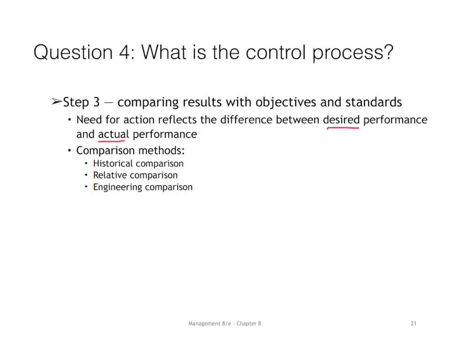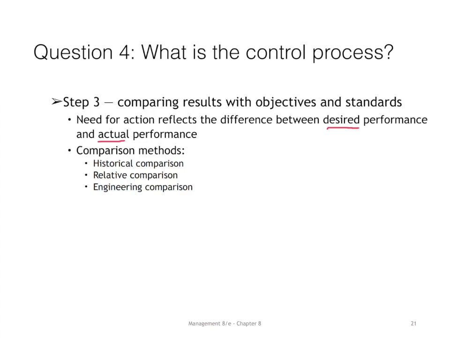We have a desire, we need something as our desire, but in fact we got the actual performance. How do we compare this? We have to compare result with objective and standard. So we have to choose the comparison method.